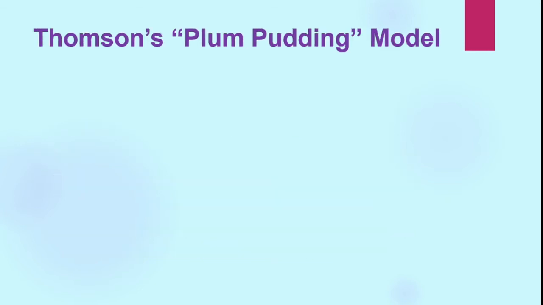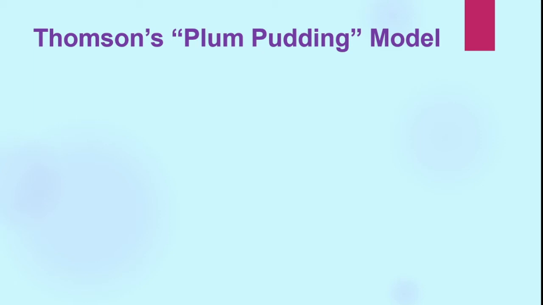Next is the Thomson plum pudding model. After Dalton's model, Thomson discovered the electron from his famous cathode ray experiment, and later Millikan determined the charge of the electron.